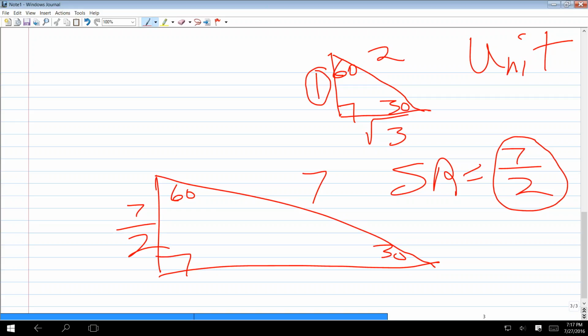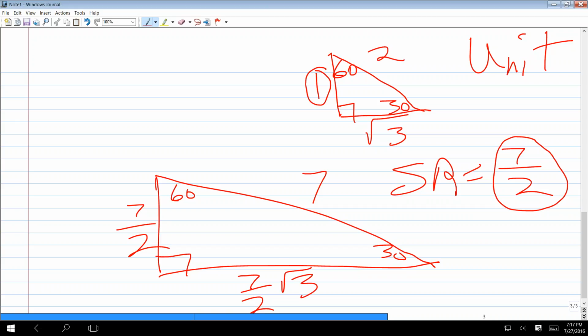And then the bottom would be 7/2 root 3. Good. I like that you answered that way. And that actually is as simplified as it gets. In other words, I cannot simplify that more.